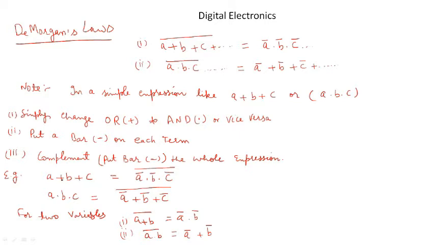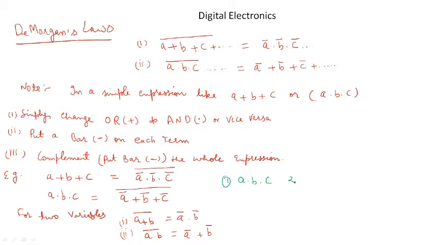Now let us say your expression is A plus B plus C. In the first step, the plus will be converted into dot, so it will be A dot B dot C. This is your first step.